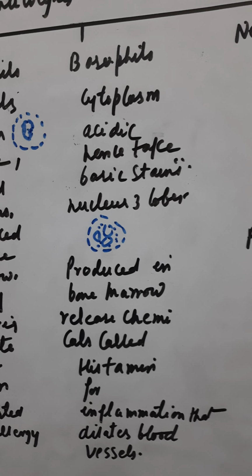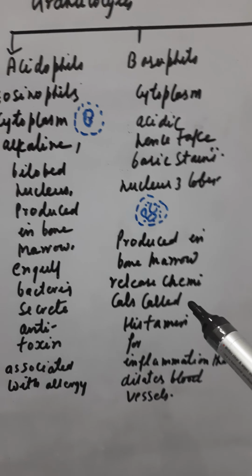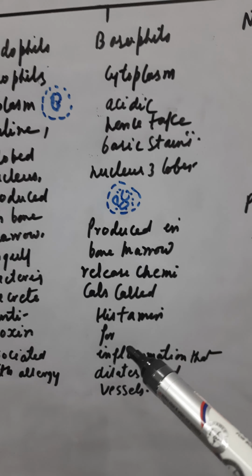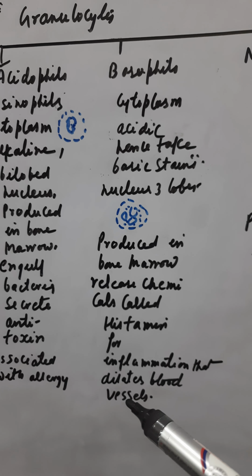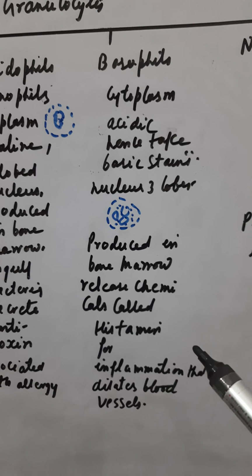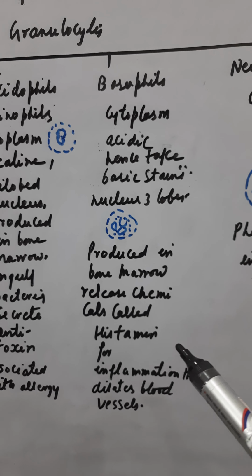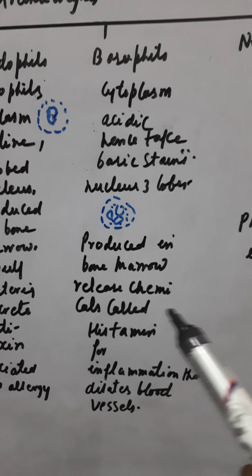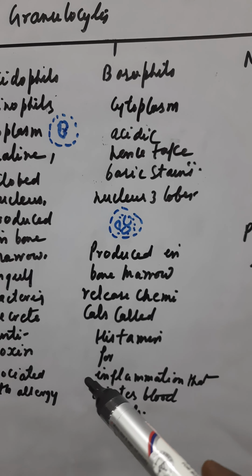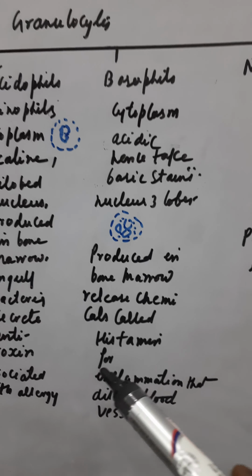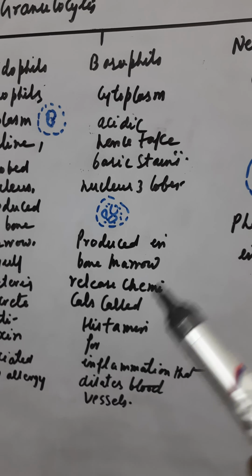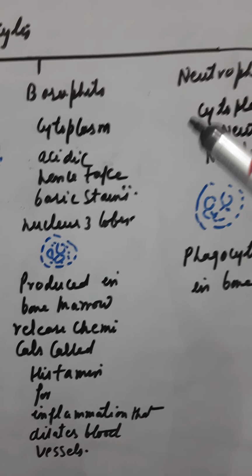It releases the chemical called histamine for inflammation that dilates the blood vessels. Inflammation is produced, that is, swelling is produced, and ultimately the blood vessels will dilate, and it will cause the inflammation. So histamine is produced by basophils.